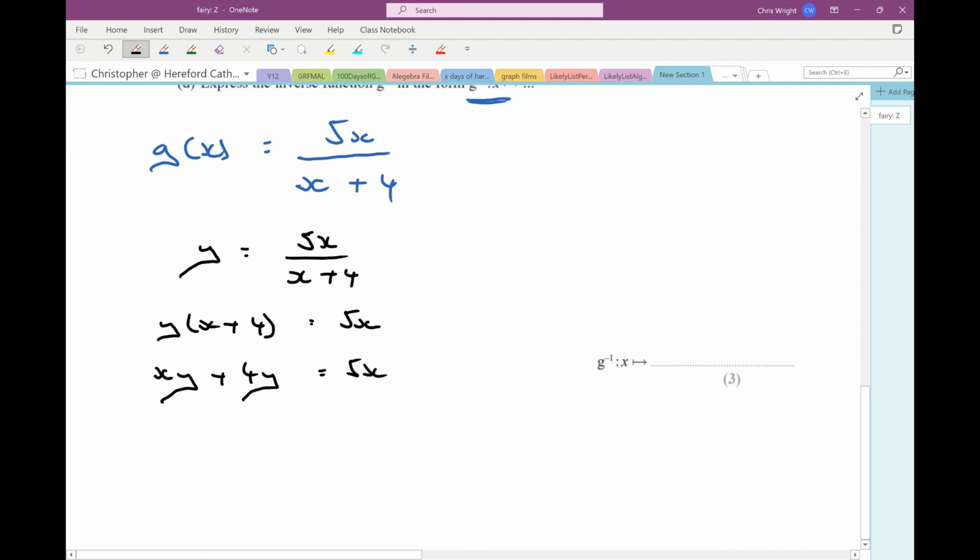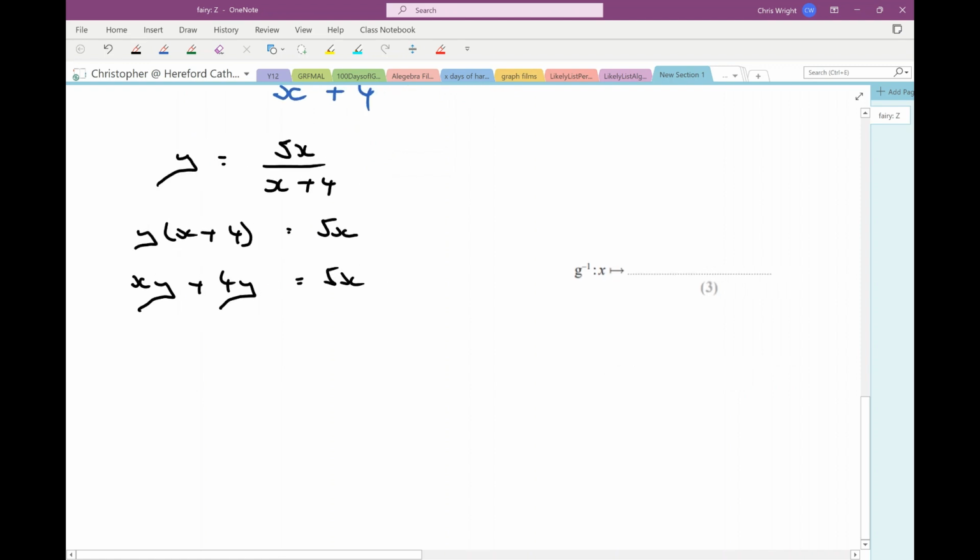Now I'm trying to make x the subject, so I'm going to put everything with an x on it on one side by minusing 5x from both sides, and all the rubbish on the other by minusing 4y from both sides. Now I want to make x the subject, and I've got x appearing twice here. So I'm going to factorize and divide.